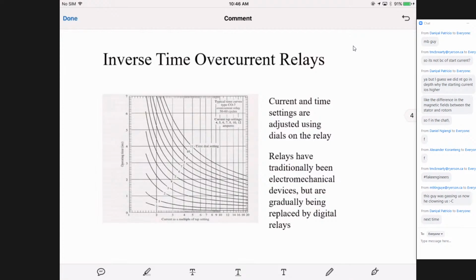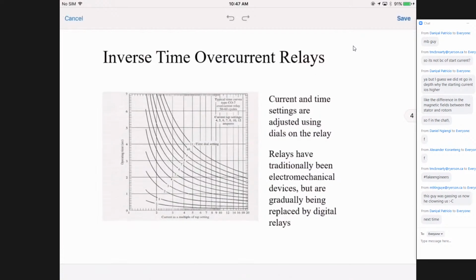So 1, 2, 3, 4 up to 11 is the dial setting. That means you pick which curve for your design. You pick curve number 2, or curve number 10, in your design. We will go through it. This is the electromechanical relay. There's a dial.